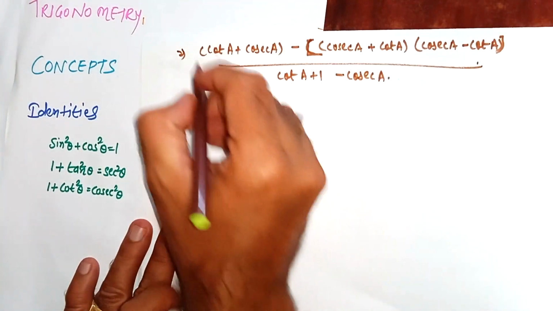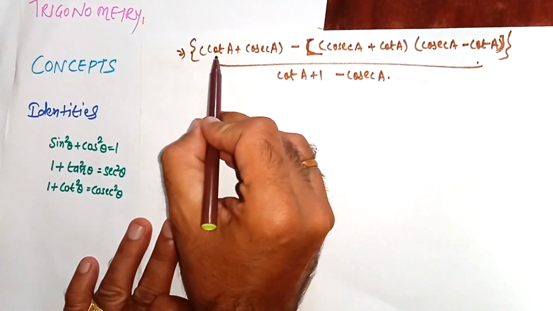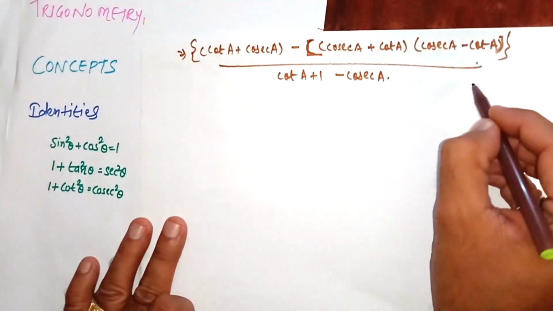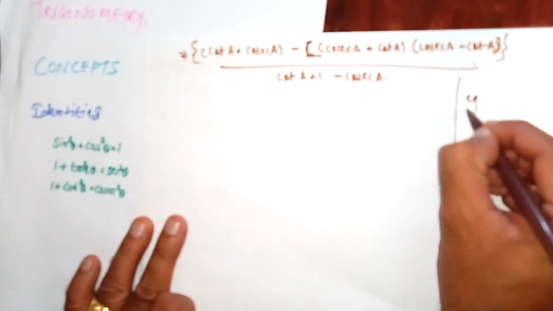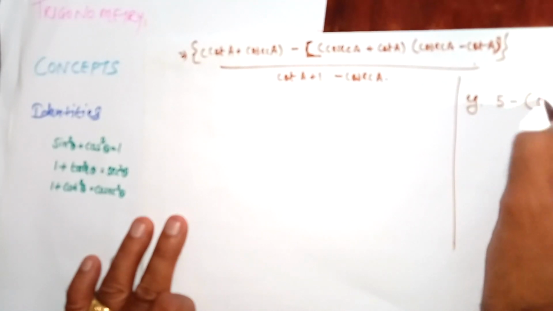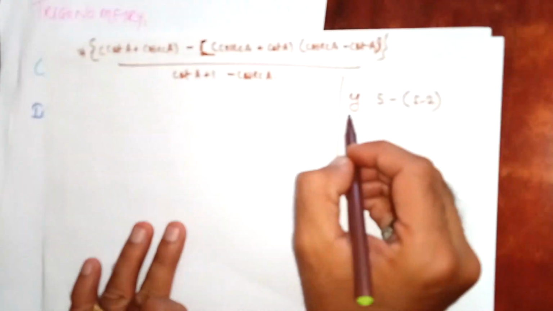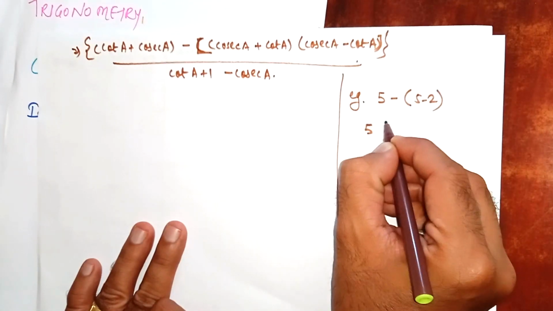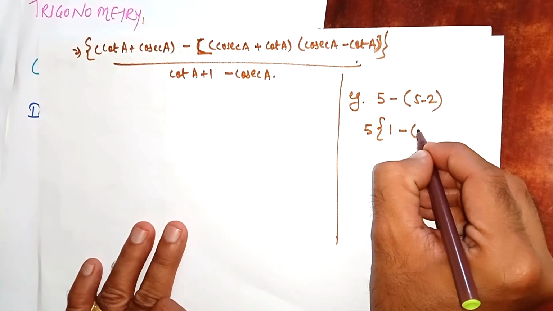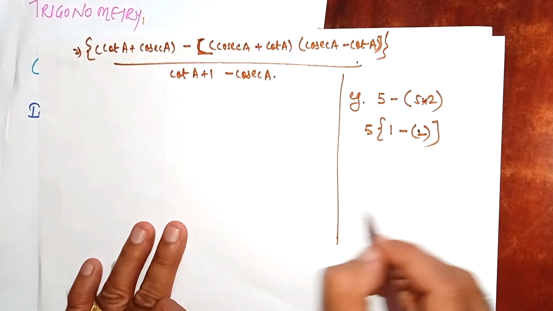So we have to take a curve bracket here. Let's take out cot A plus cosec A common. What does it mean? Let me explain with an example. If it is 5 minus 5 times (5 minus 2), if I say we have to take 5 common, we take 5 common, put it here, 1 minus the bracket, and we are left with this.